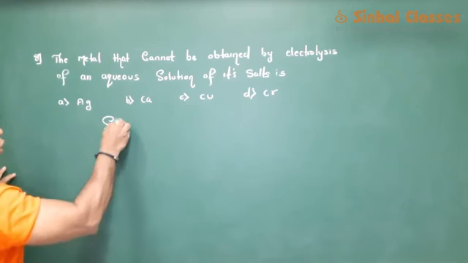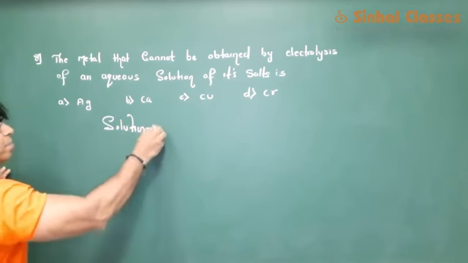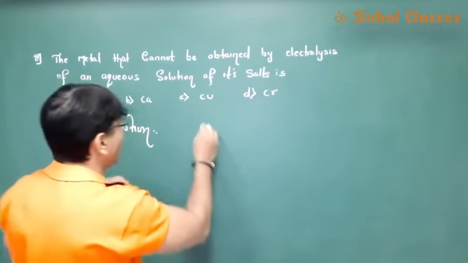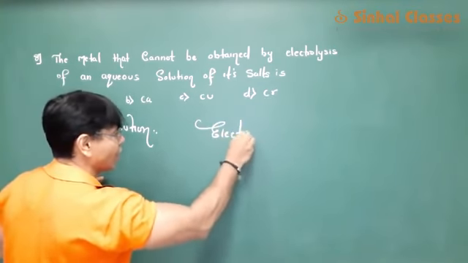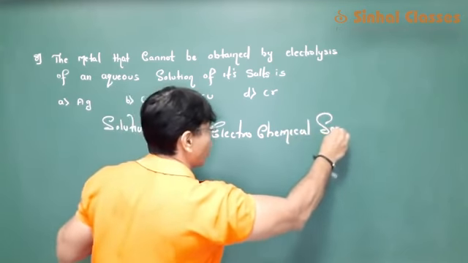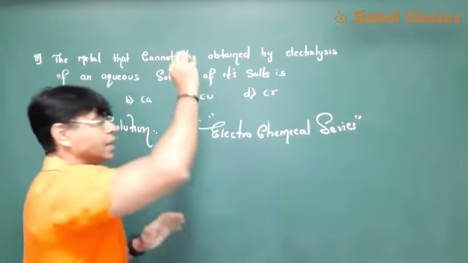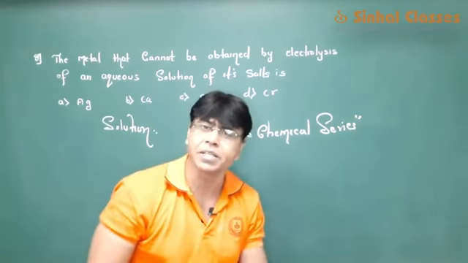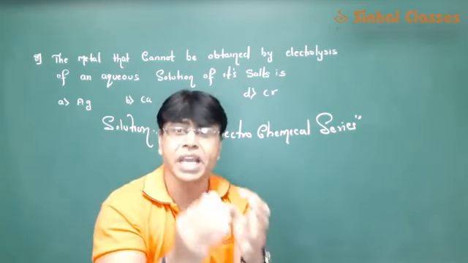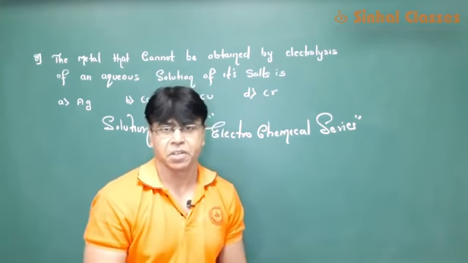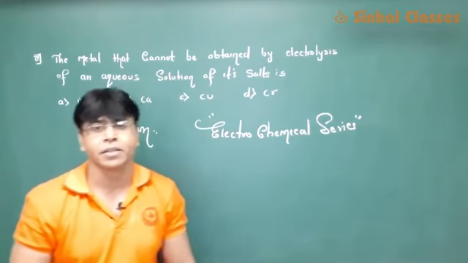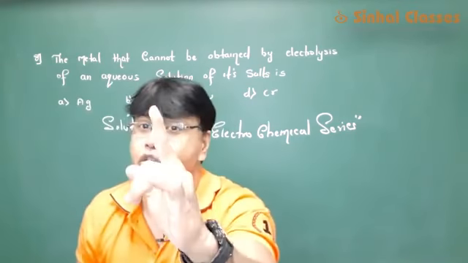Now we all know, higher the position of the element in the electrochemical series, very difficult it is to reduce its cation. Now don't forget, higher the position in the electrochemical series, difficult for its cation to be reduced.